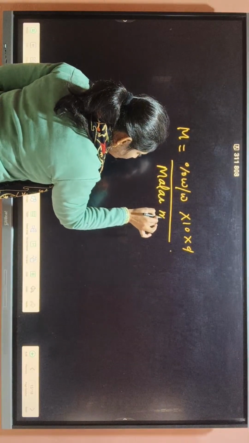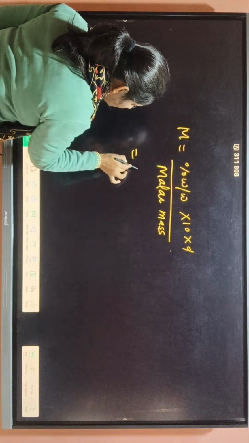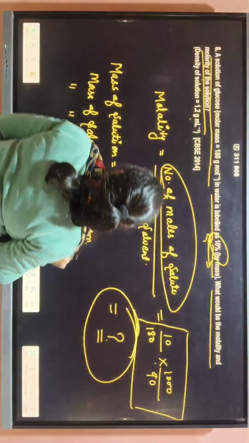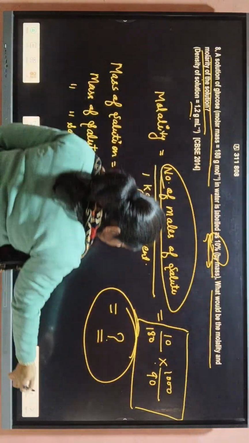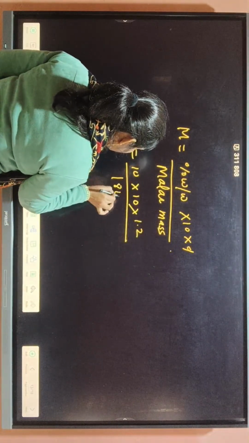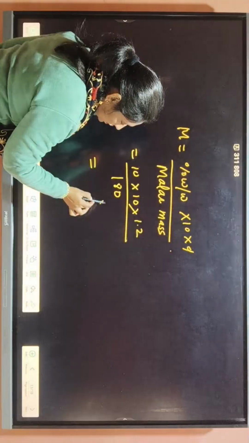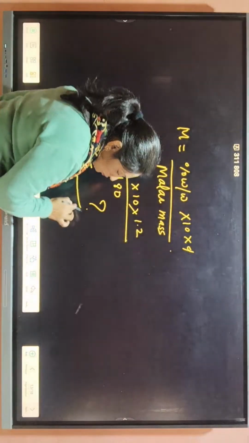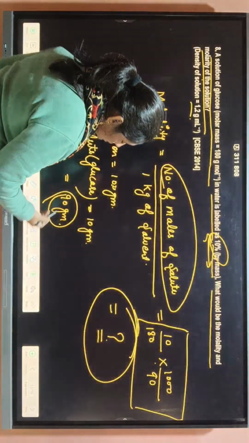So percentage is given as 10, into 10 into density, which is given as 1.2, by molar mass, which is given as 180. You will calculate this one also. So this one is the molarity and this is molality.